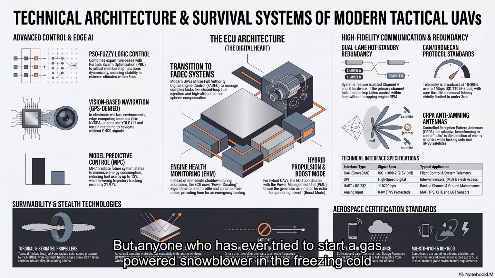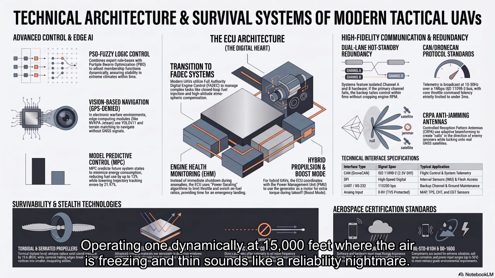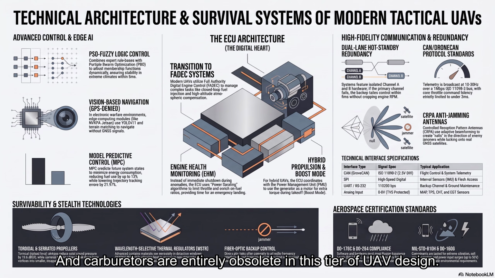But anyone who has ever tried to start a gas-powered snowblower in the freezing cold knows that small internal combustion engines are really finicky. Operating one dynamically at 15,000 feet where the air is freezing and thin sounds like a reliability nightmare. Traditional aircraft engines rely on carburetors to mechanically mix the liquid fuel with the incoming air. And carburetors are entirely obsolete in this tier of UAV design.